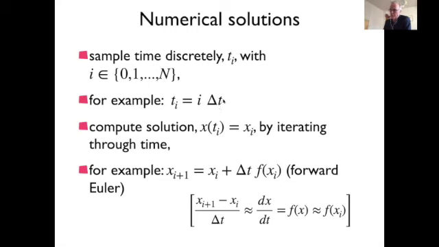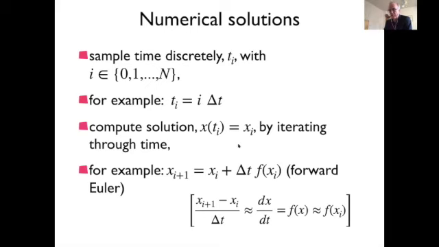So the simplest case is you have a constant time step delta t, so that the ith time of your discrete representation is just i times, now i is a natural number, i times the time step. And so the solution is represented not on continuous time, but on these discrete sample times, which I also denote by just putting an index to the variable itself.